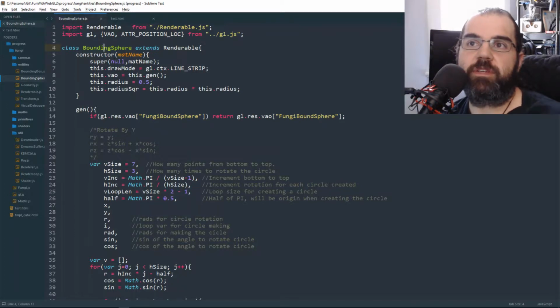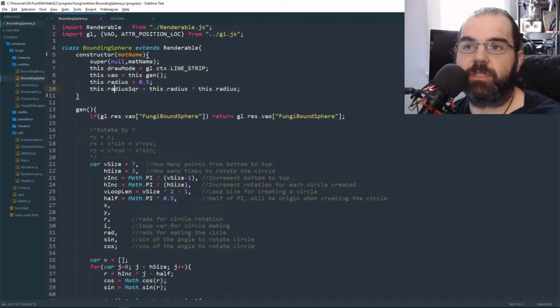A bounding sphere is defined by a radius and position. That's it. The position we're going to get from our renderable, which has a position value already, and then we have our radius. And I'm caching radius squared because if we're going to do a lot of intersection tests, we need to calculate this often. So might as well pre-calculate it once, and this way we always have it when we want to do intersections.